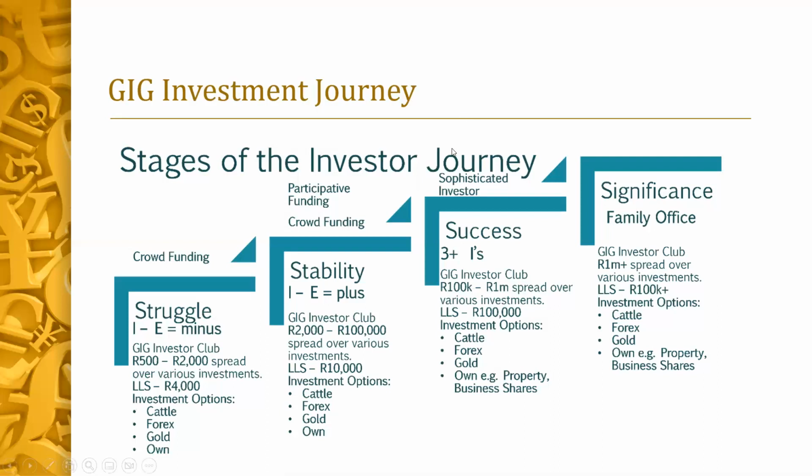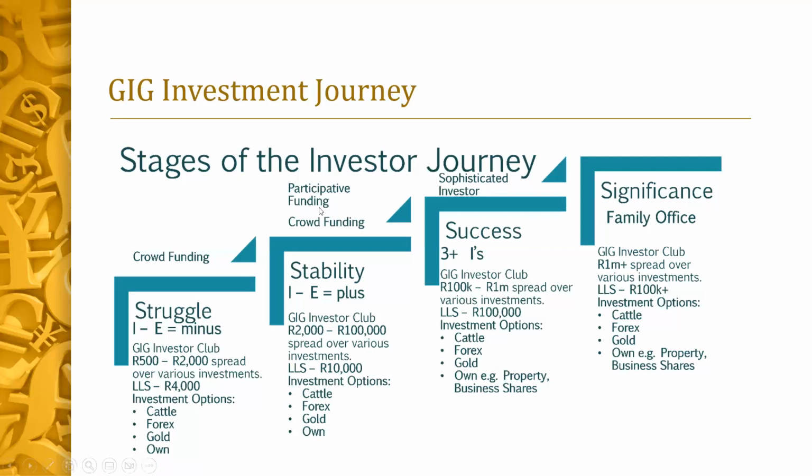And at this stage, you would be considered a sophisticated investor. And what it basically means is that you have learned how to analyze risk for yourself. And you are then okay with taking some risk, like people who invest in these cryptocurrencies and some other investment opportunities.